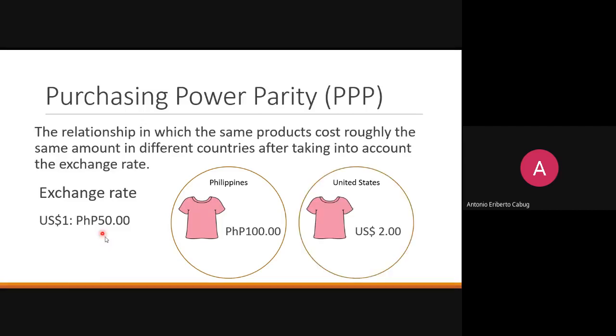Why? Because the exchange rate is 50 pesos to $1, so 100 pesos would mean 50 times 2. Tama? $1 times 2 is also $2. So purchasing power parity tells us that if something is priced an amount in one country, when you convert your currency to that country's currency, you are going to spend approximately the same amount.